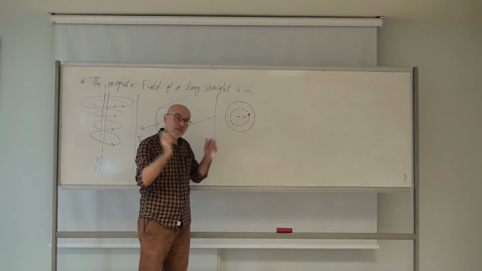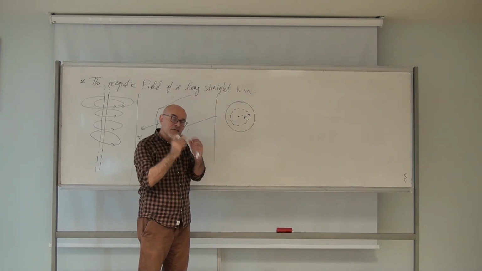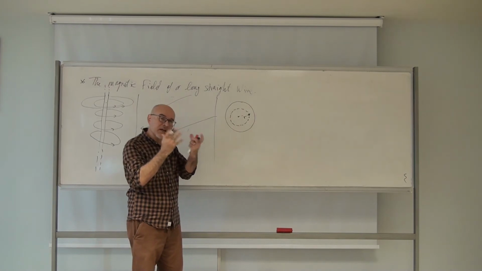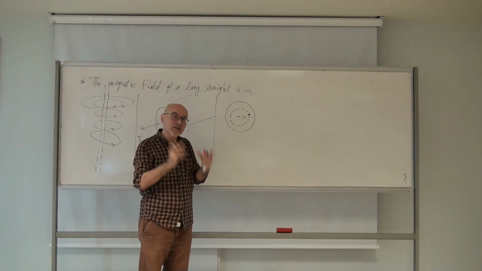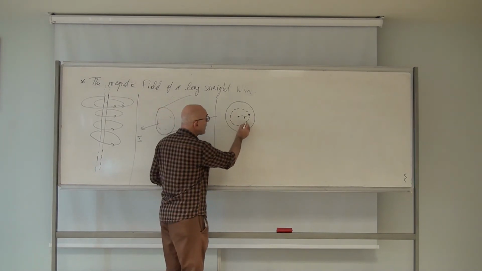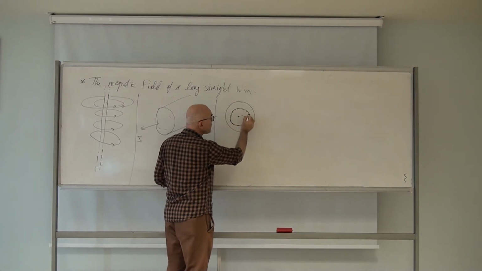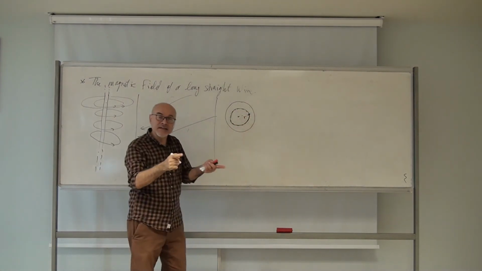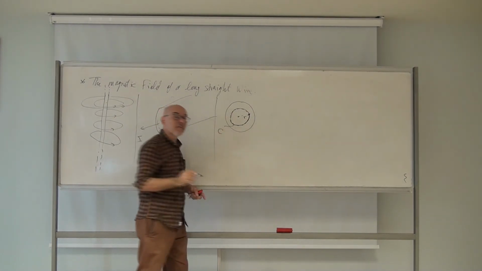Also, from applying Biot-Savart arguments mentally, the magnetic field can only be tangential. Therefore, again, I choose a circle passing through the point that I want to find the magnetic field at, and this is my contour.